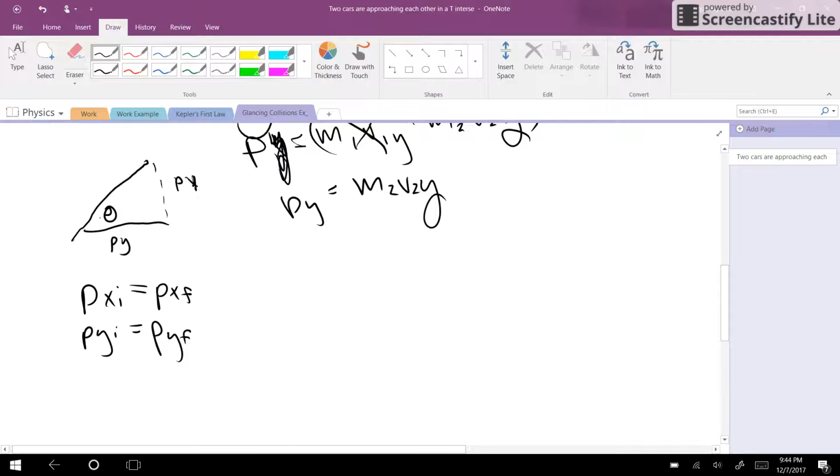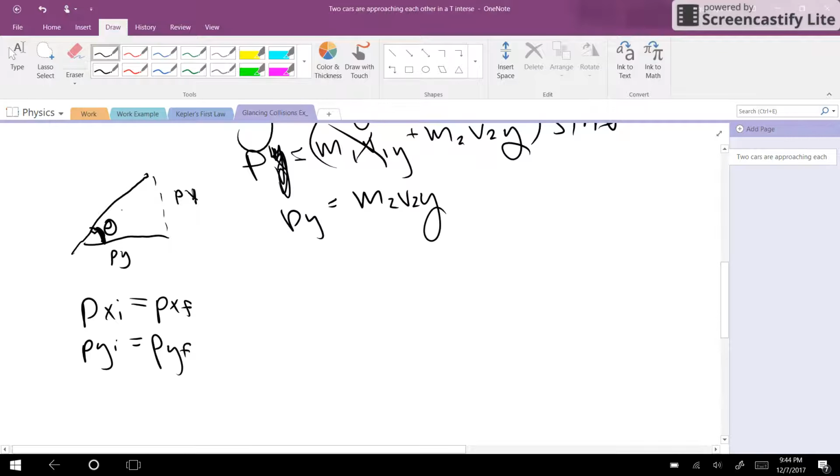In order to find this angle, we can just go with the tangent, which is the opposite over the adjacent.